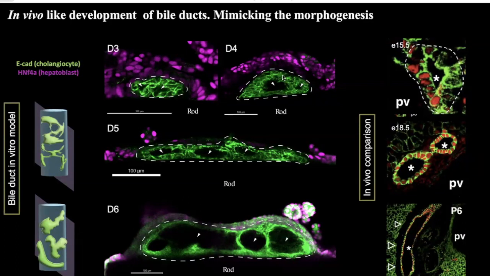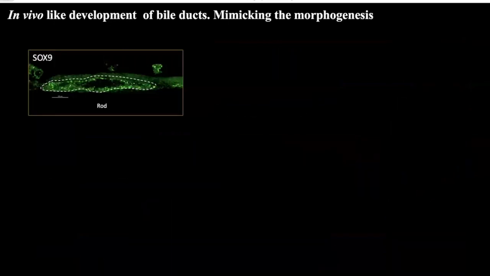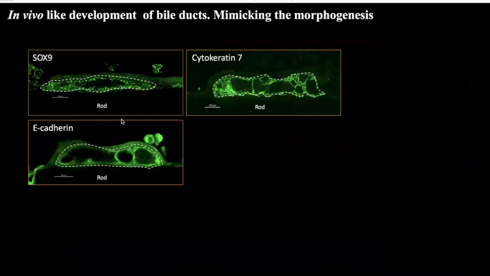In all the cases we have only lumens constituted of cholangiocytes. Now we tested for several other markers to look at what these lumens are made of, and they have the right staining for cholangiocytes all along after day 6.